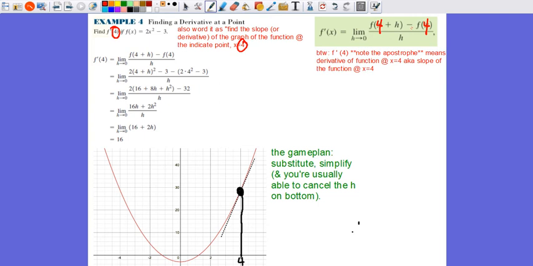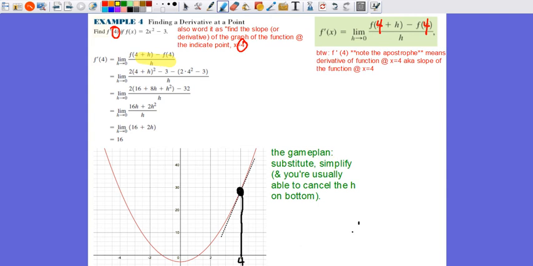So as of right now, you should understand that line right there. From here on out, this is basically IM2 material. You're basically substituting and then simplifying, and then hopefully you can cancel this h on the bottom.